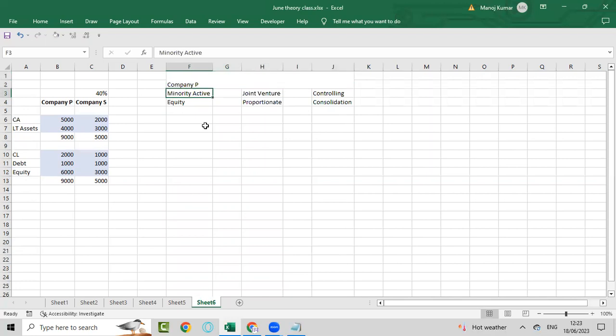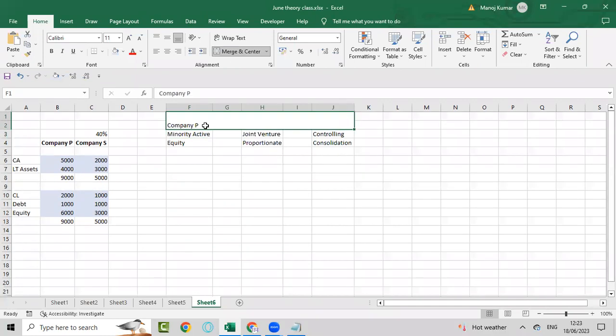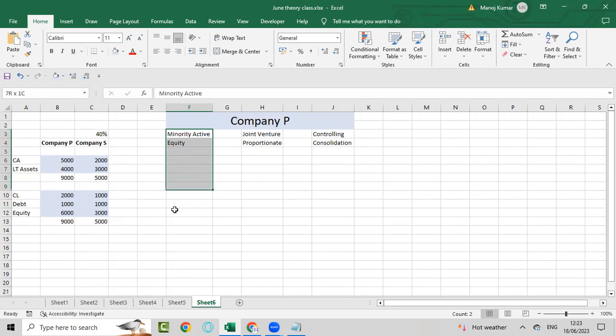It is company P. Right or wrong? If this is the situation, then this balance sheet will be considered. If it is a joint venture, then this balance sheet. If it is controlling or a subsidiary, then this balance sheet will be considered.